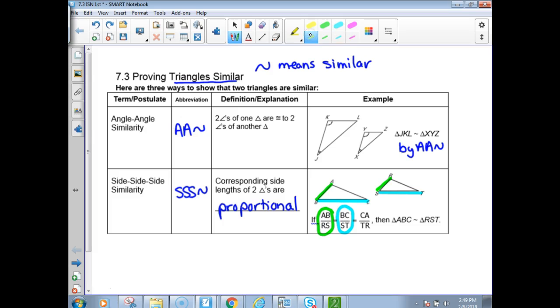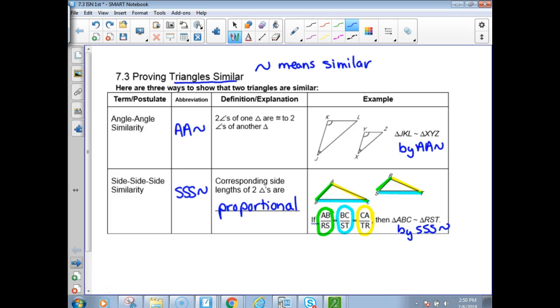And the AC or CA side corresponds to the RT side or TR side. The statement: triangle ABC is similar to triangle RST. And that one would be by, and then you would write a reason. Right after it, you'd write by side, side, side, similar.